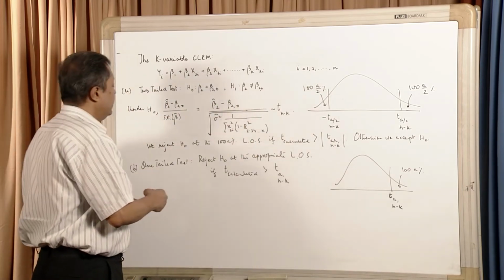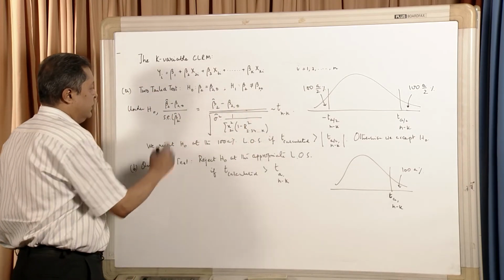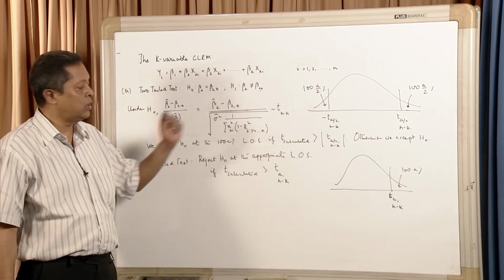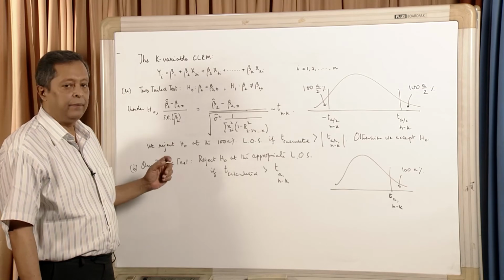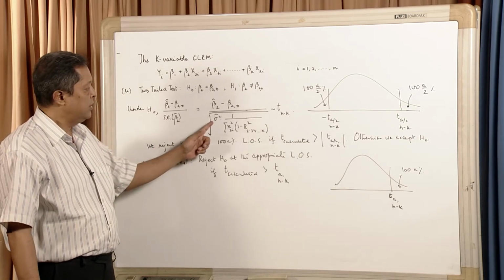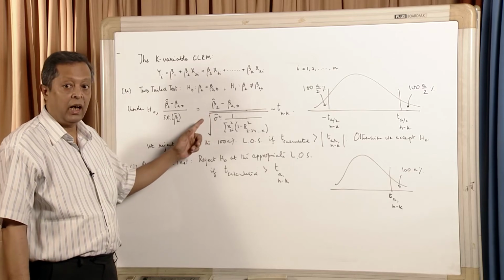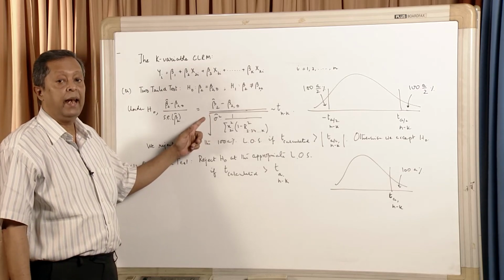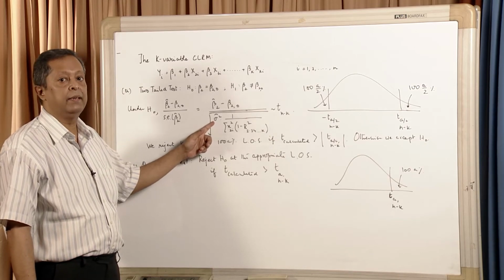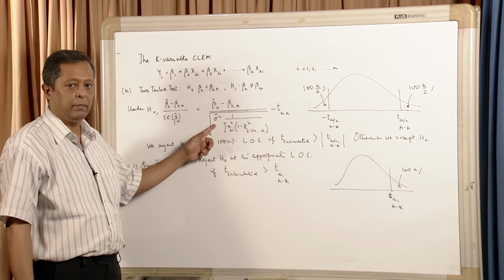However, one thing needs to be kept in mind, that is the standard error, which is the square root of the estimated variance of beta 2 hat, is now computed with sigma square hat, that is RSS divided by n minus k, instead of n minus 3.